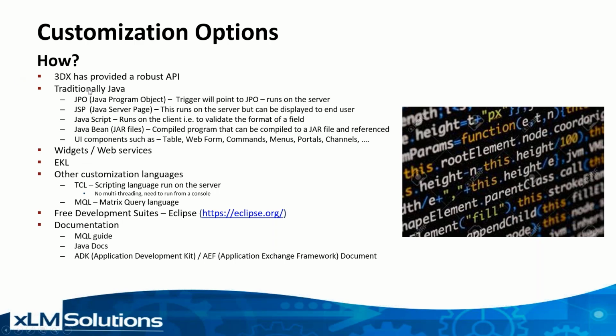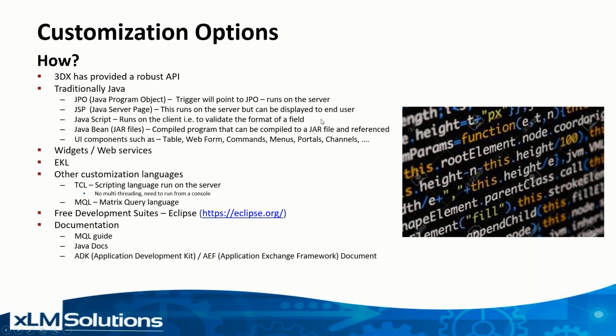With the traditional Java, there are different objects that can be created. There are JPOs, which are Java program objects, and that is code that will run on the server. So you do something, and then the processing or the operation happens on the backend server. JSPs, which are Java server pages, can run on the server, but can also display information to the end user.